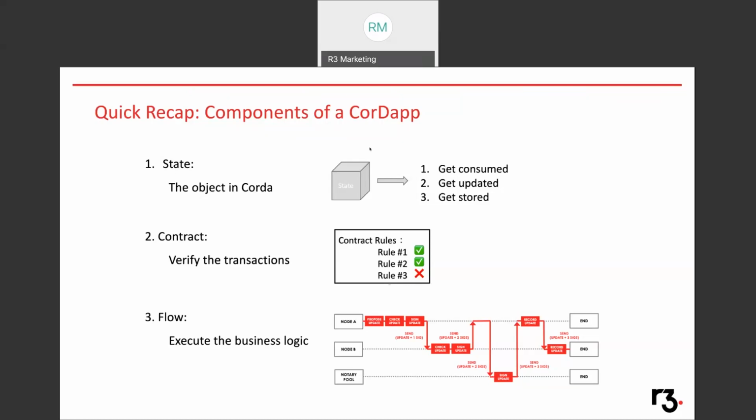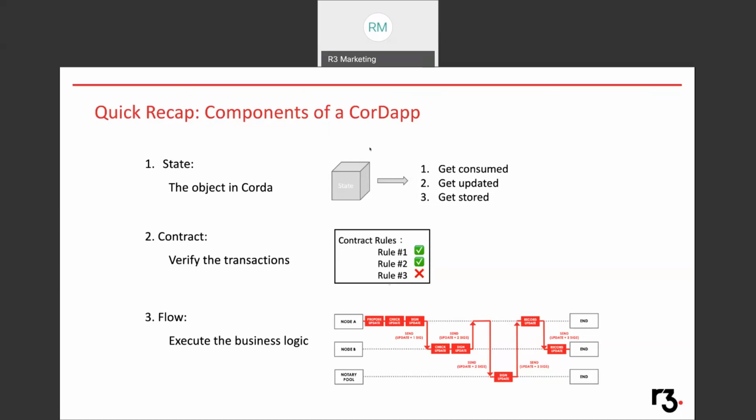Finally, the most important part in Corda is the flow. The flow is what we call the communication between the different parties on a network. So when party A connects to party B to say, I would like to get a state from you or an asset, or I would like to give something to you, then that connection between the two and the whole communication between the two is called a flow.